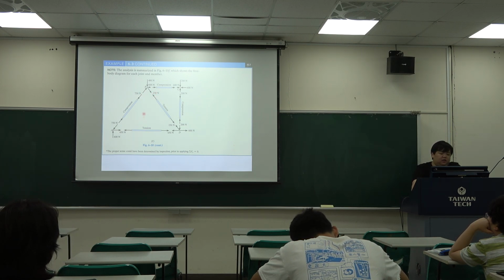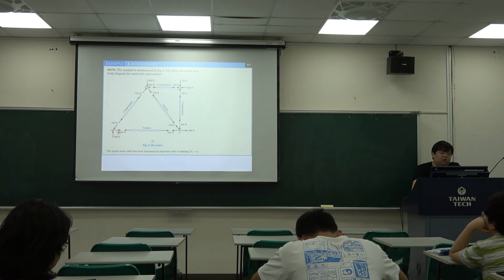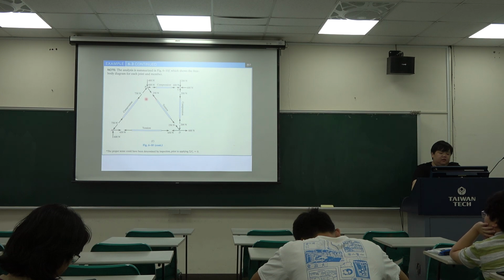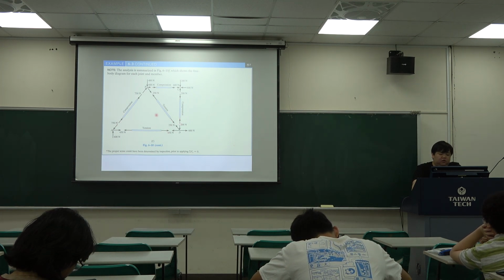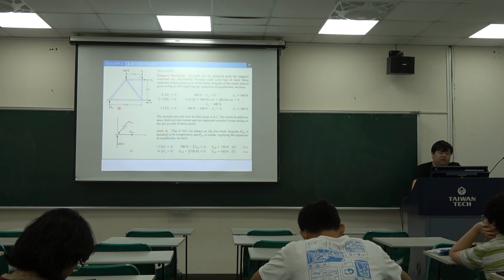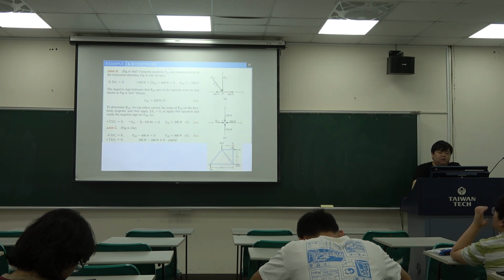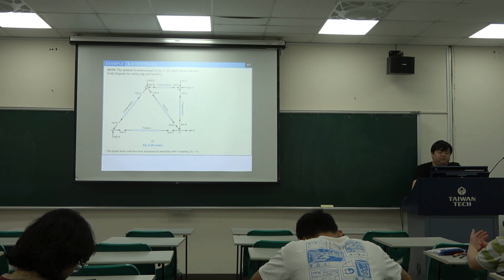You can see point A, the free body diagram like this, point B like this, point C, point D. And we have the internal force here, here, and here. If you want to draw a total free body diagram, it is like this. If you use the method of joints, just draw like this.